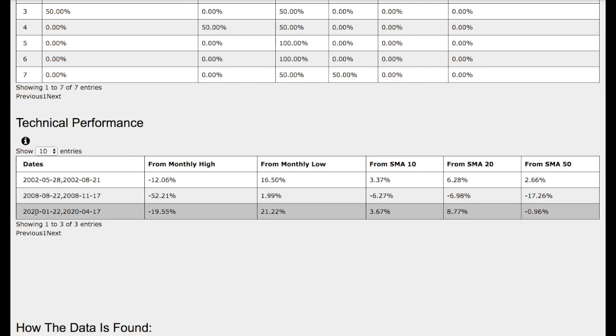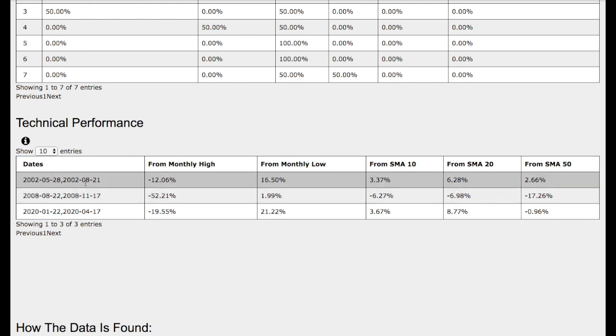So we are in the current trend right here. We are down, say, 20% from monthly high, up 21% from monthly low, up 4% from the 10 simple moving average, up 9% from the 20 simple moving average, and down 1% from the 50 simple moving average. And let's examine the trend in question that we just examined, the 2002 May 28th to August 21st.